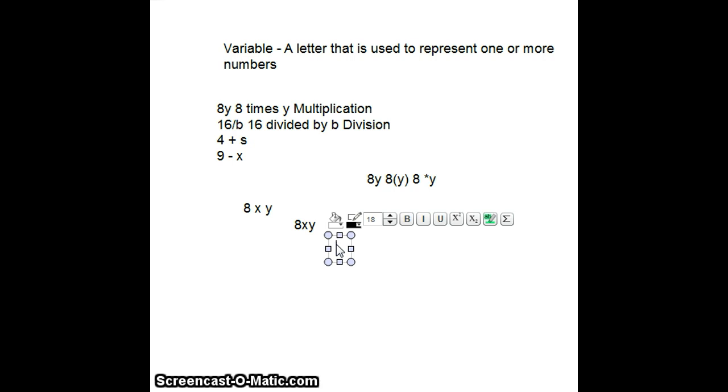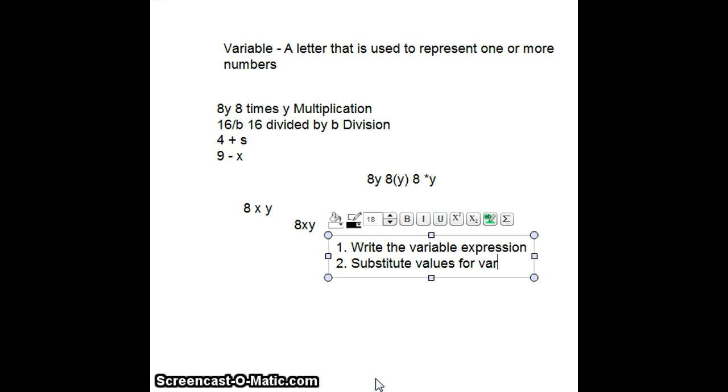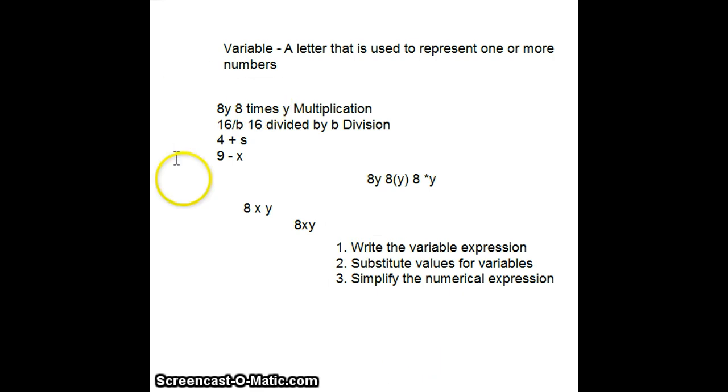I mean that you're going to use our three-step formula here. You're going to write the variable expression first. You are going to substitute your values for variables, and then you're finally going to simplify the numerical expression. This is all we have to do.